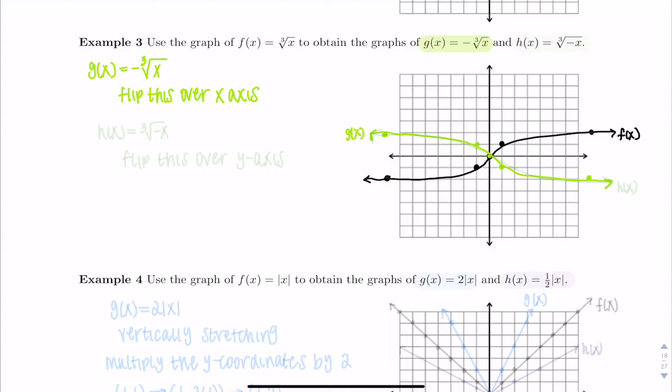And let's go ahead and do h of x. So h of x, which is the cube root of negative x, we flip this over the y-axis.